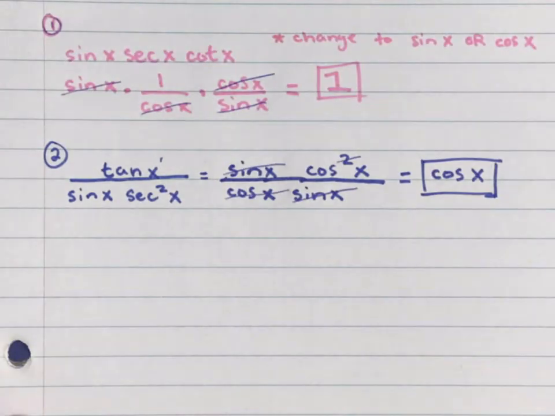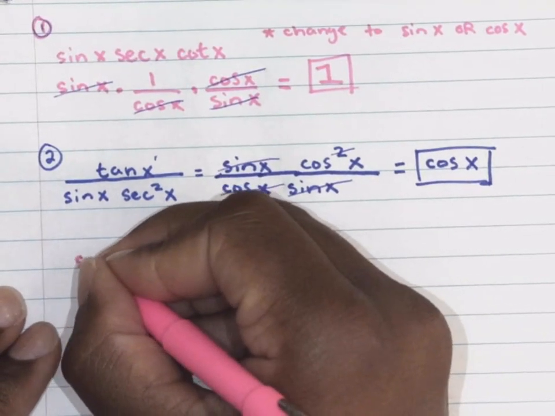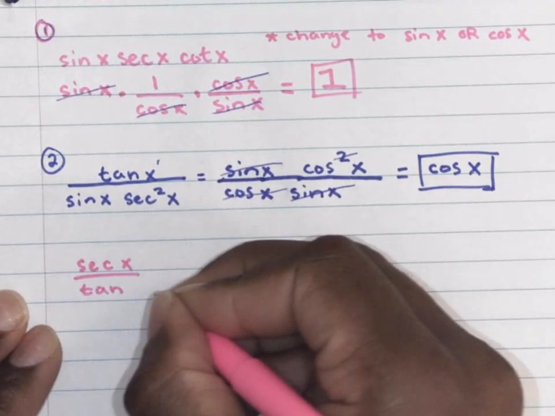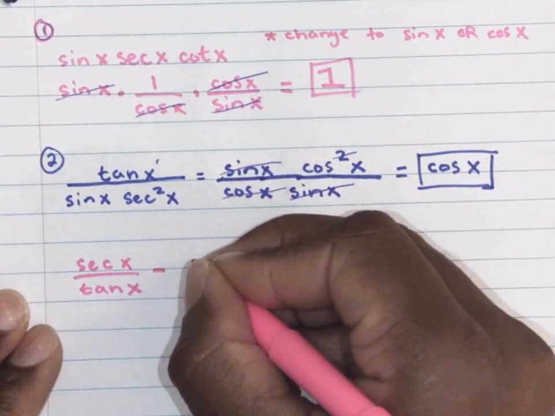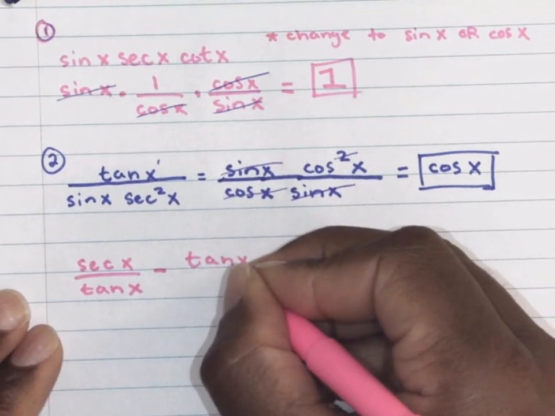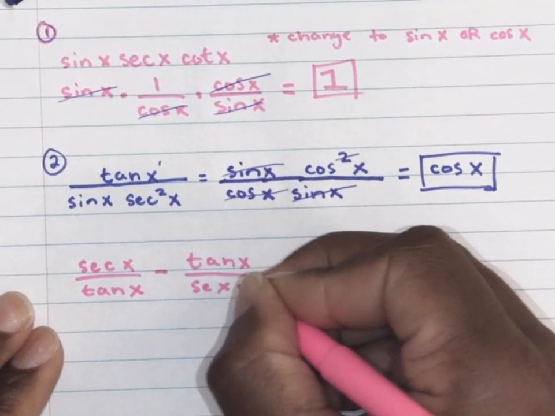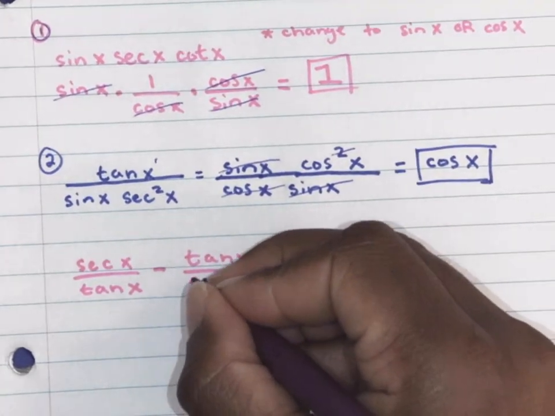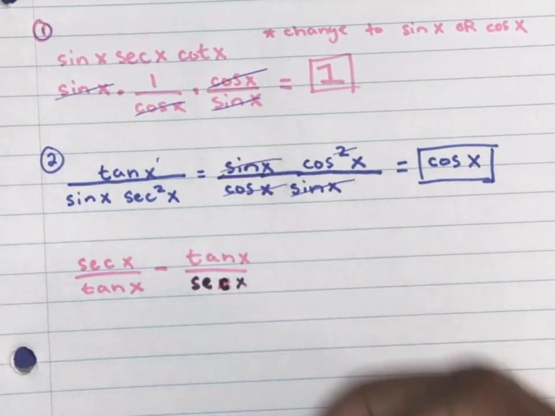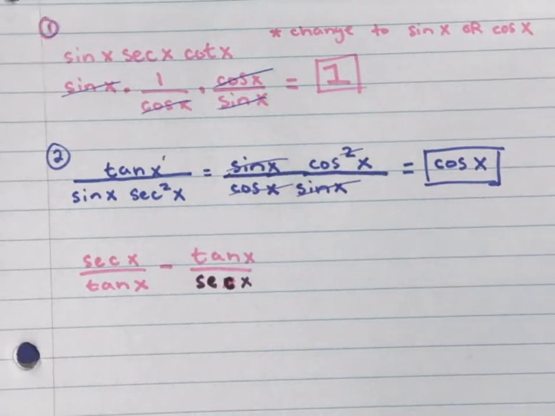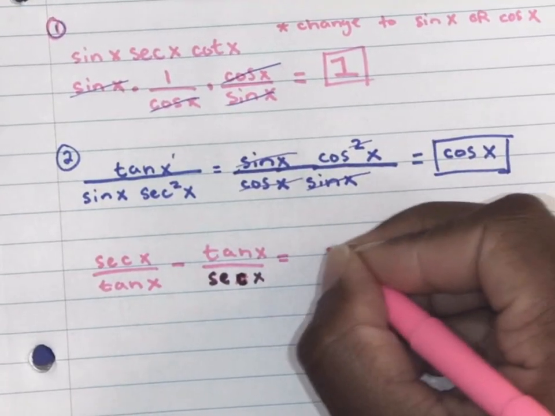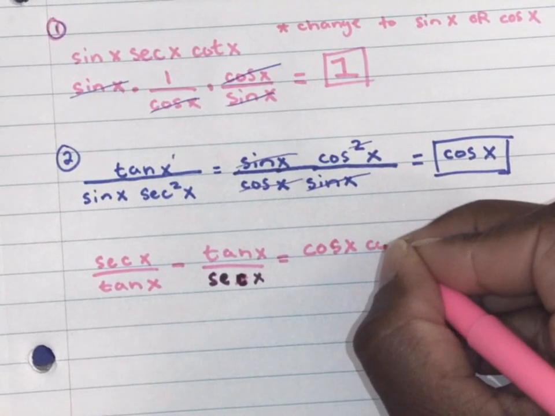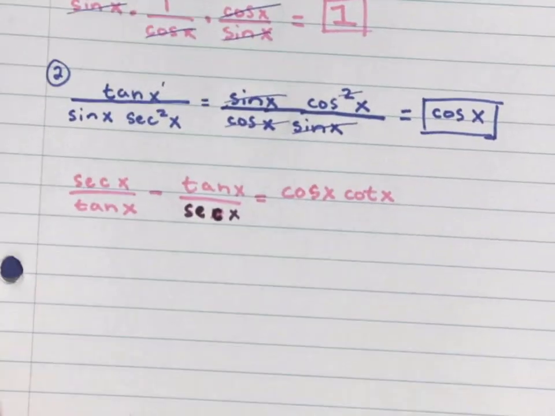So for number 3, we actually want to verify this. On the left side, we got secant x over tangent of x minus tangent of x over secant of x, and this equals cosine x cotangent x.